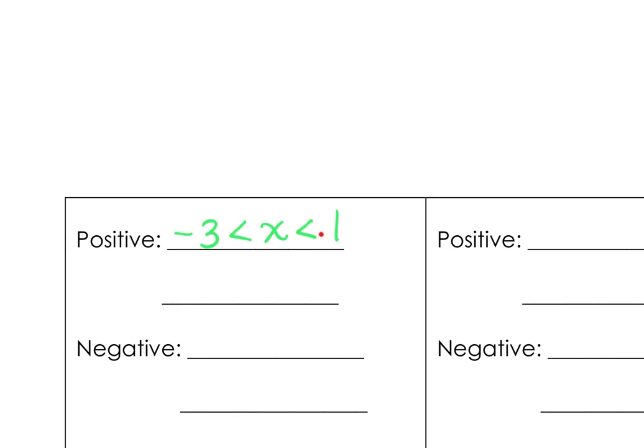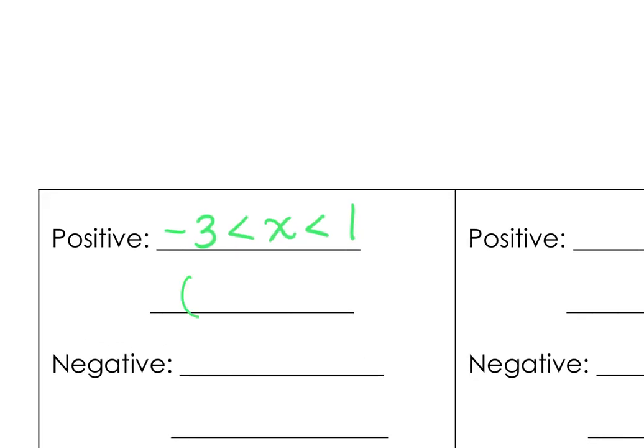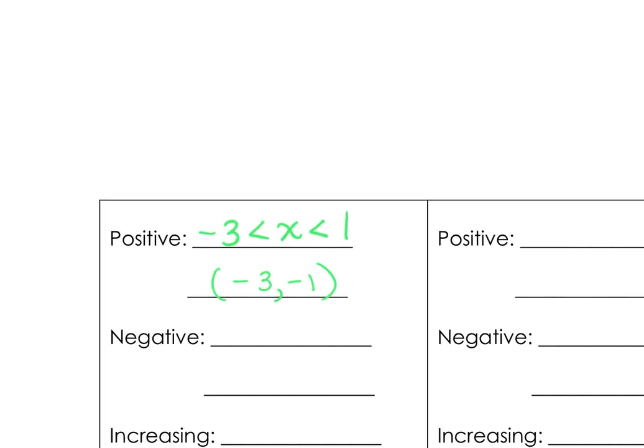You'll notice on these inequality symbols, I did not include the or equal to, because if I wrote this in interval notation, that's when I would just use parentheses because it's not included: the minimum value, which was -3, the maximum, which was 1, and then close that parenthesis.